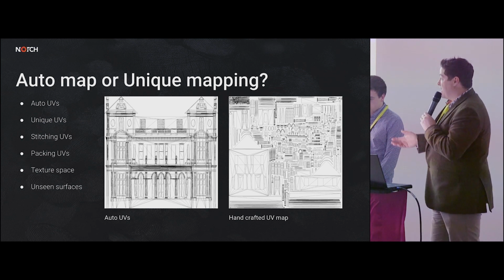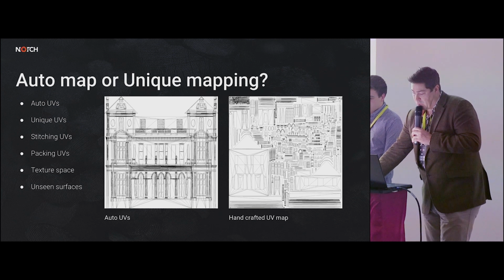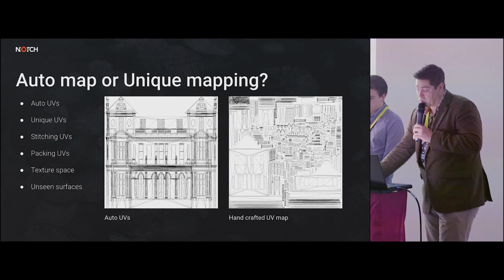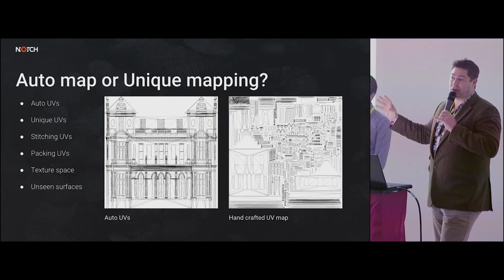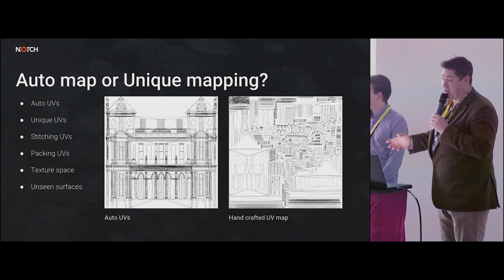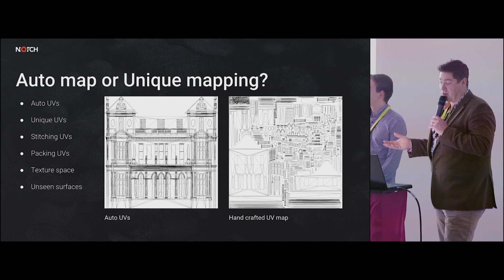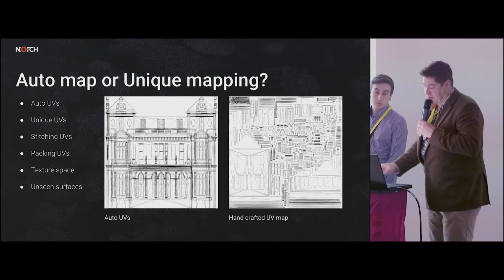So what I'd then do is select all the UVs, and I would auto-pack them. What auto-packing does is it separates all the UVs and puts them in the texture space without any overlapping UVs. So everything would be unique, which is fantastic, which is what you want.